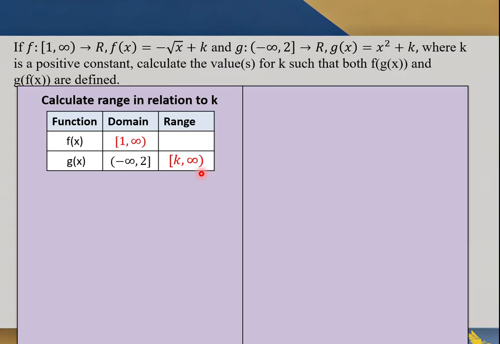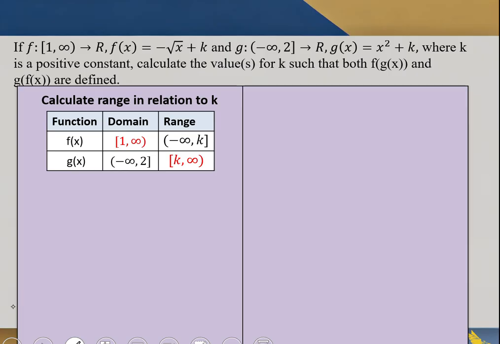Then I look at f of x. Normally square root x would start at 0, negative is going to go down to -1. So whatever our k is going to be our biggest amount here. So that means I've got negative infinity all the way through to k.